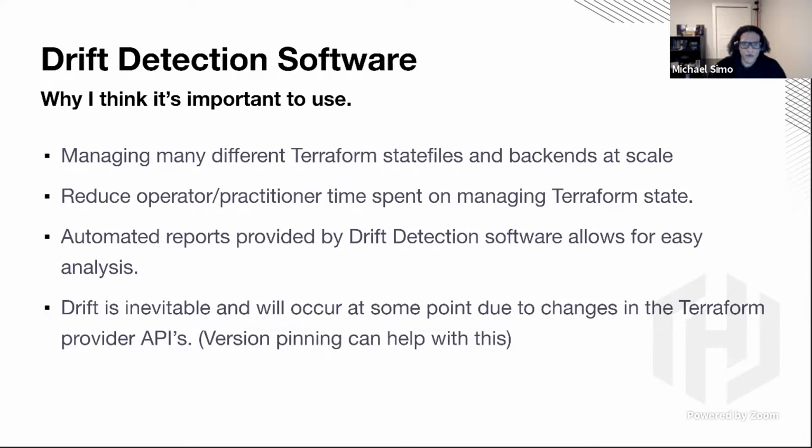Also, having reports provided for you by software lets you look at a glance. As an operator, you'll have the insight of, okay, these are our critical Terraform services, so let me fix those first. And these other ones, although they do have drift, are not as high priority. You can gauge and make the most effective choice based off the information you have. And drift is always, for my use case, inevitable.